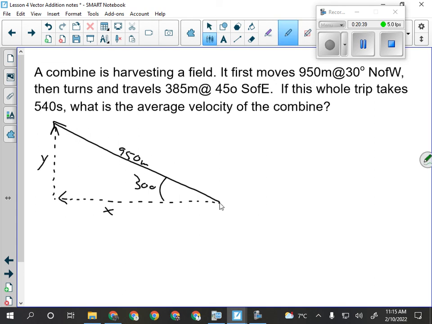Then our next one goes 385 meters at 45 degrees south of east. Here's where scale becomes important. My reference is east. The line I'm drawing is about 1/3 as long as the first one, at least approximately. The angle is 45 degrees. If I'm looking at this as a rectangle, if this angle is 30 degrees, what's this angle? 60.